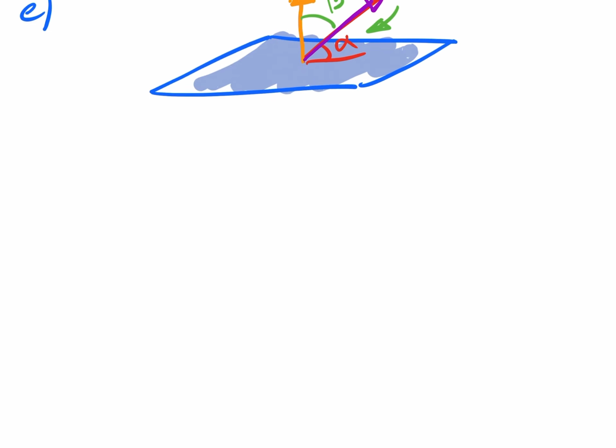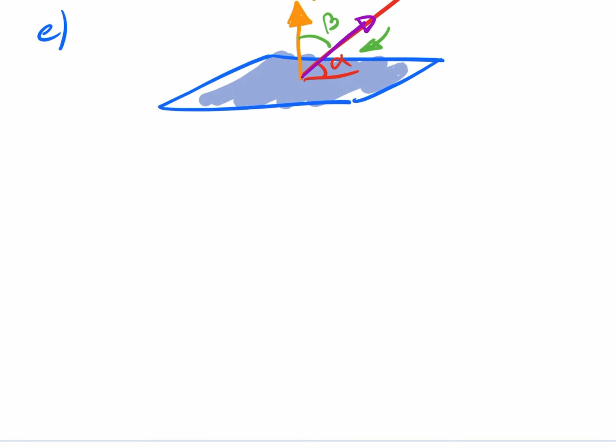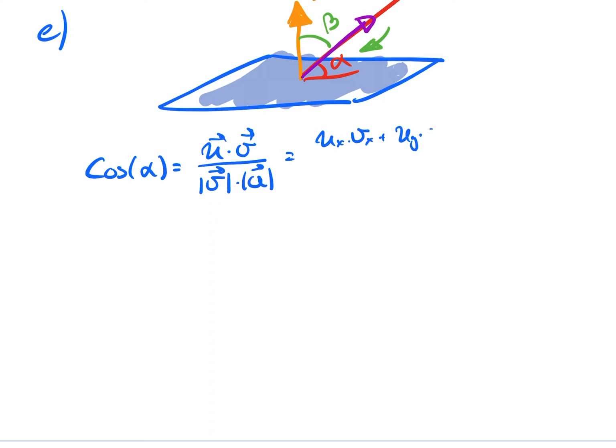So using the formula of the angle between two vectors, the scalar product, the dot product formula states that cosine of the angle is equal to u dot v over the magnitude of u times the magnitude of v. This means ux times vx plus uy times vy plus uz times vz divided by the two magnitudes, magnitude of u and magnitude of v.